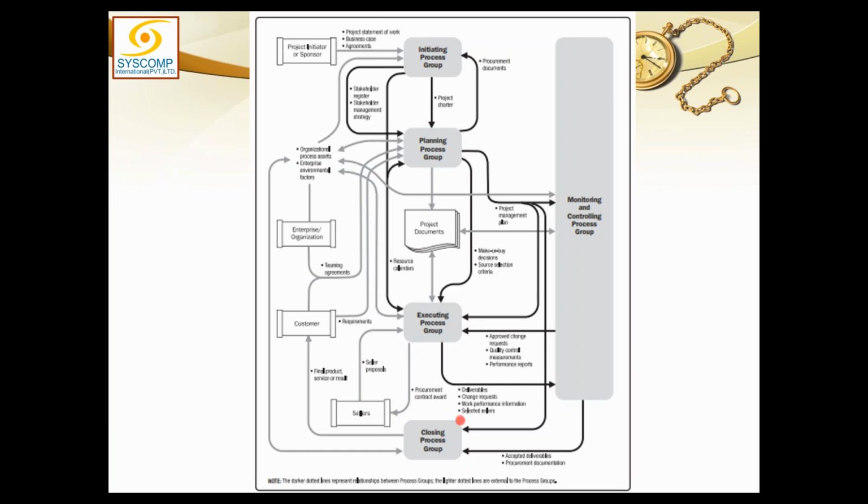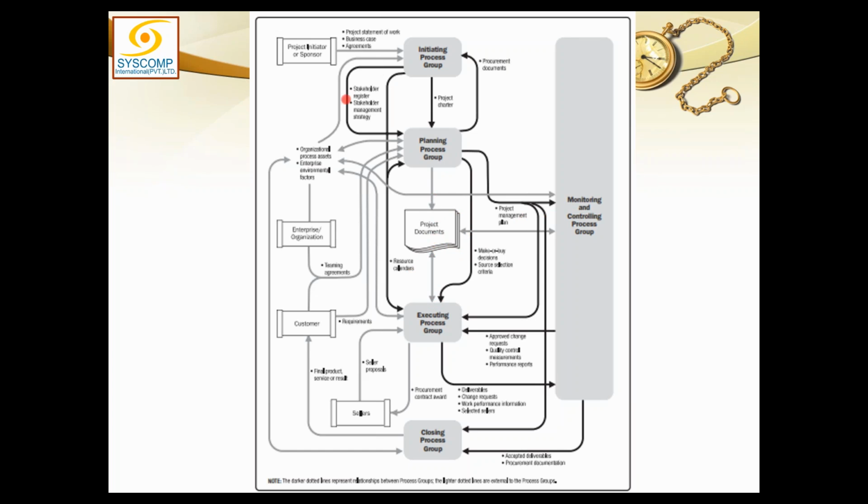The awarded contract and the selected seller would be sent to the monitoring and control. Then we have another box, which is project documents. These are all the project documents which are being created from the planning and shared with execution and monitoring and control. And two-way arrows mean that they can be updated also.